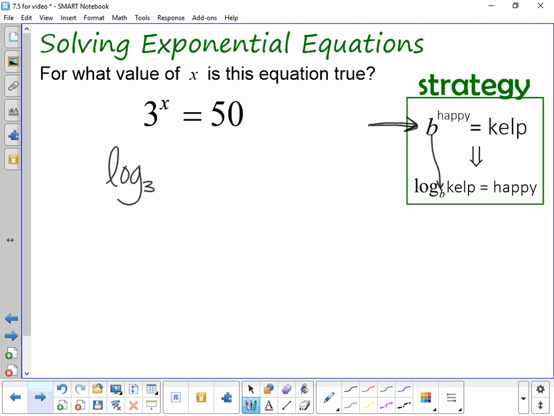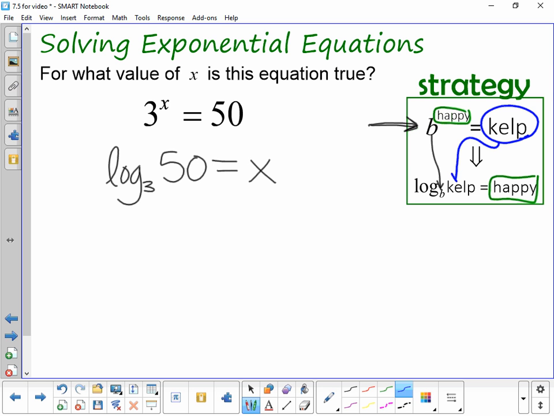In the case of this equation, it would be log base 3 of 50 is equal to x. When you rewrite it, that exponent becomes the answer, or the right side of the equation, and what the exponential is equal to becomes the argument of the log.